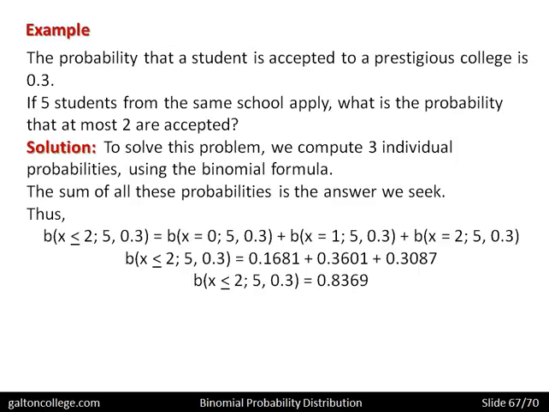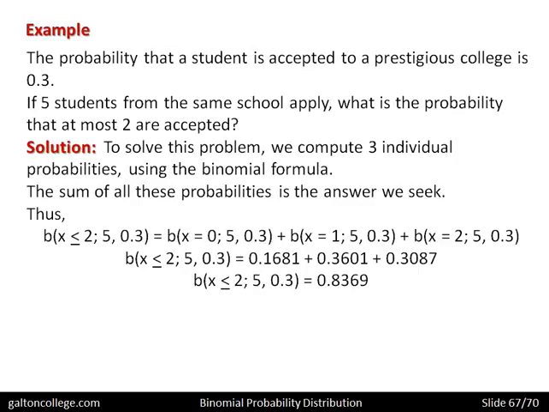We have 5 students, and the probability of getting in is 0.3, I should say. What's the probability that at most 2 are accepted? At most 2 are accepted. So we're ruling out the possibility of more than 2 being accepted: 3, 4, 5.